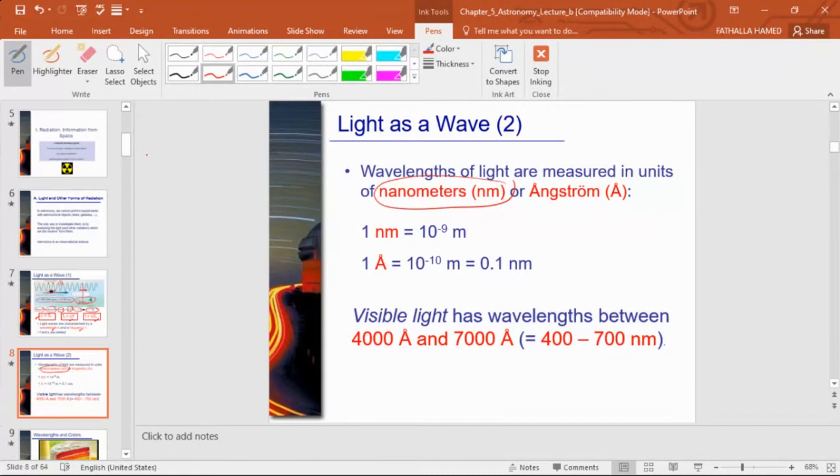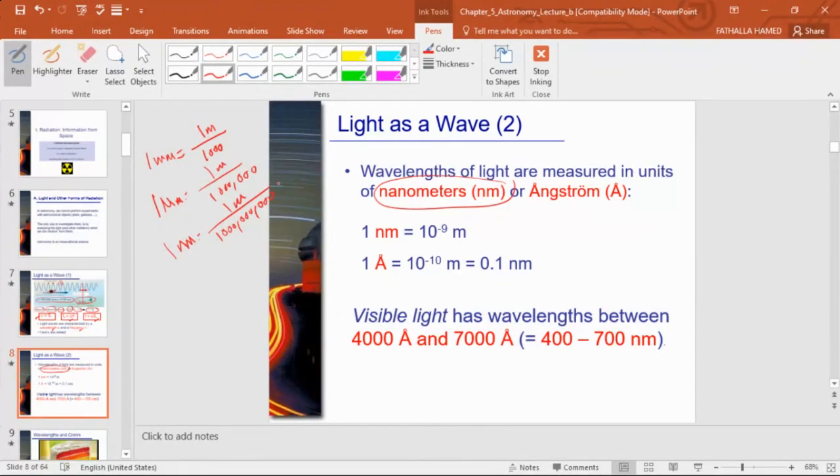So if you talk about 1 millimeter, you're basically taking 1 meter and dividing that by 1,000. If you're talking about 1 micrometer, you take 1 meter and divide that by 1,000,000. 1 nanometer, you take 1 meter and divide that by 1,000,000,000.